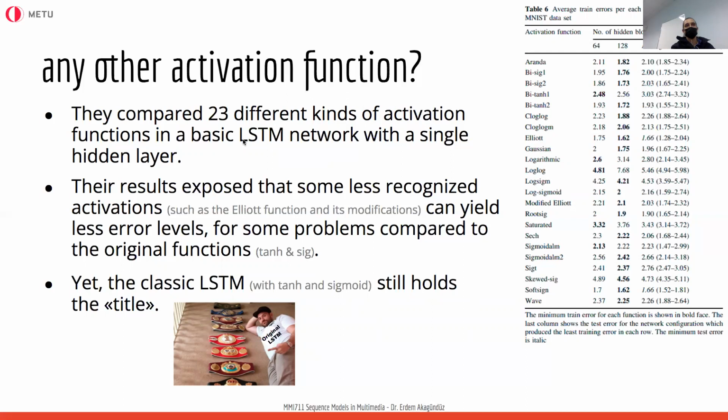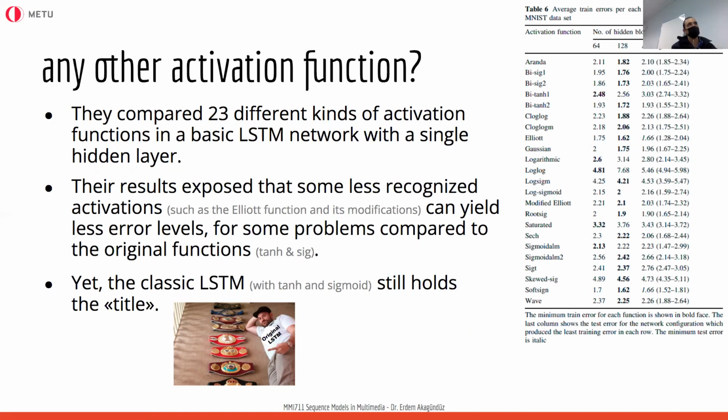Their results exposed some less recognized activations, such as the Elliott function, which could yield degraded errors for certain problems. These are nice analyses, but in general, the winner was the classical LSTM. So the classical LSTM still holds the title, guys.